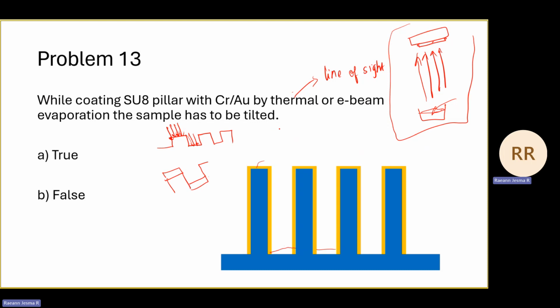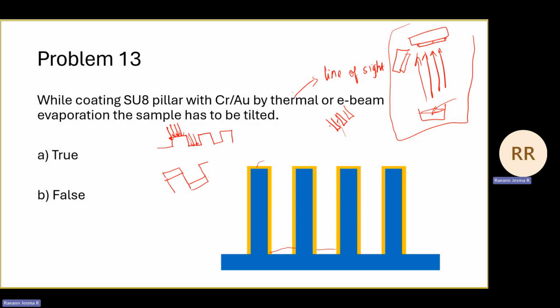For that we'll keep the sample at some angle. So instead of keeping the sample flat like this, we will keep the sample at an angle like this. When the vapors come, they will get deposited on the side of the pillars as well.